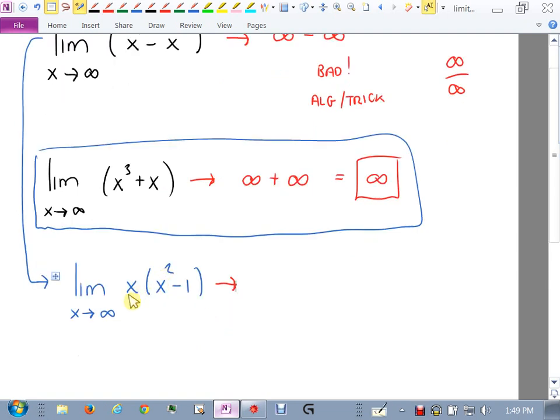Where does x go? Infinity. But then I have, times, right? This is multiplication. What's infinity squared minus 1? Infinity. What's a huge number times another huge number? Huge number. So the answer is what? Infinity.